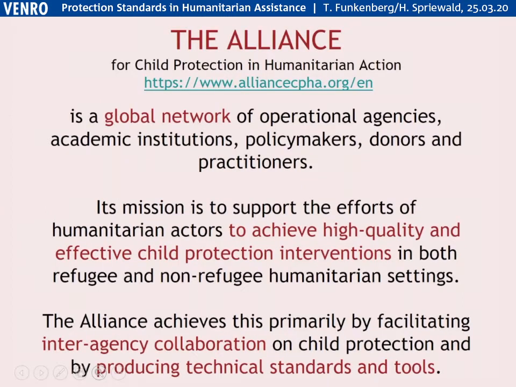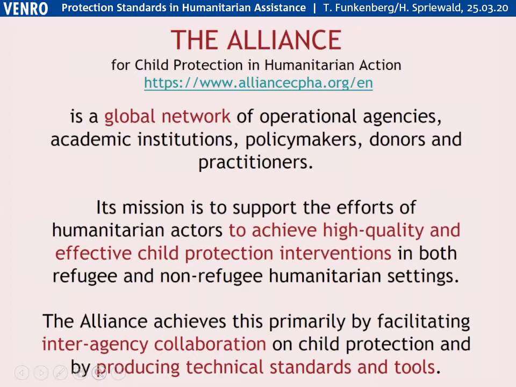So I would like to present the Alliance, which is a global network of operational agencies, academic institutions, policymakers, donors, and practitioners working in the field of humanitarian action with the objective to protect children.